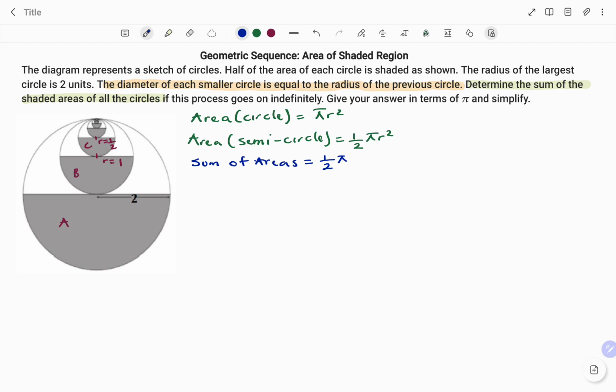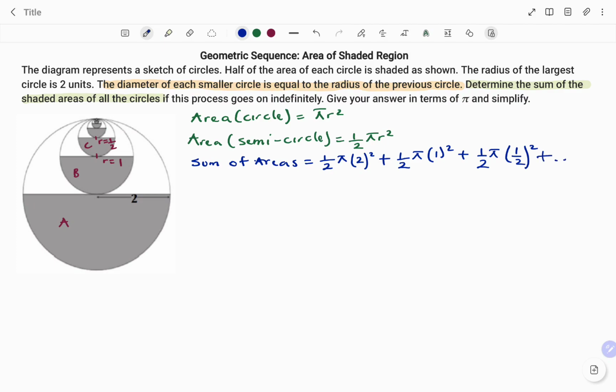Note that for the first semicircle, which is A, the radius is 2. So I have that as 2 squared plus the second semicircle, that's half times pi times radius squared. The radius of the second semicircle, which is B, is 1. So I have that as 1 squared. Plus for the third one, I have half pi radius squared. Radius of the third semicircle, that's r, equals 1 over 2. So I have that as 1 over 2 all squared.